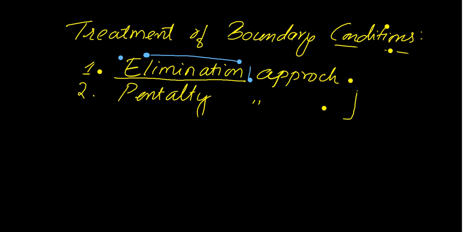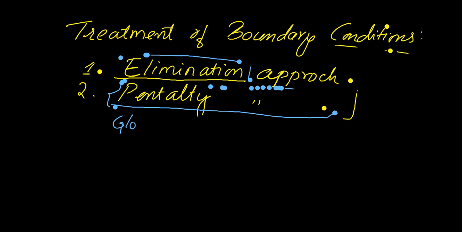Sometimes in the examination they particularly ask you to use the penalty approach to calculate the unknown values, so you should know the penalty approach. How can we use it? There is one simple concept: the procedure is the same until the global stiffness matrix.